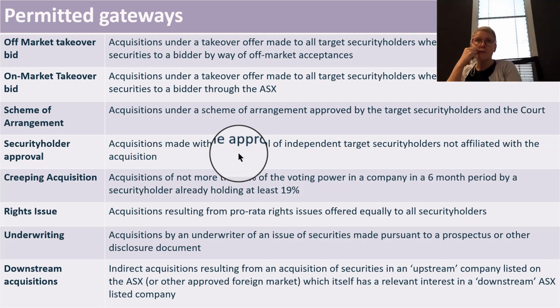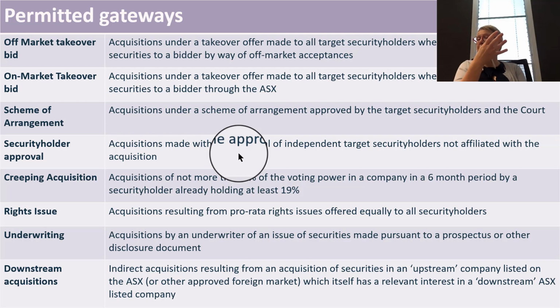On-market takeover bids are acquisitions where the offer is made as a unilateral offer to all shareholders of a class. Those shareholders participate on market. So effectively, the bidder stands in the market ready to buy at a particular price.